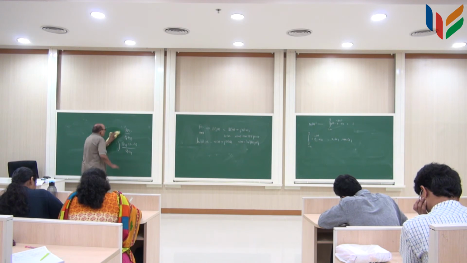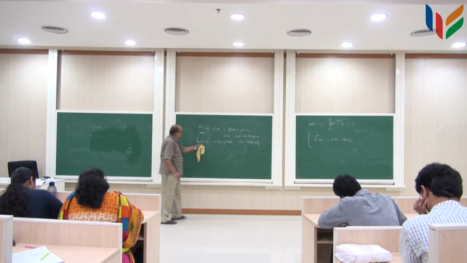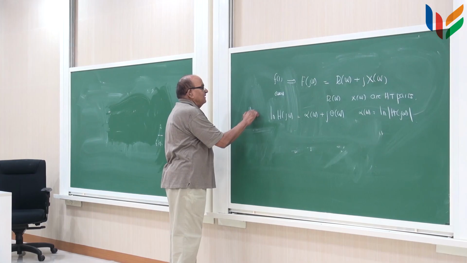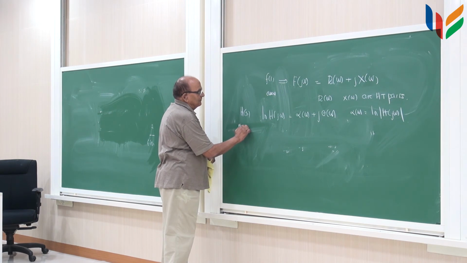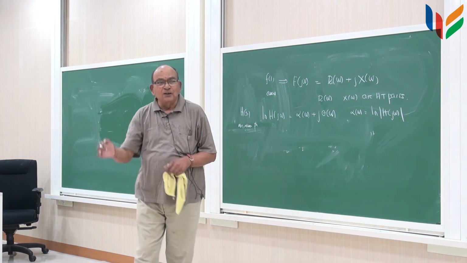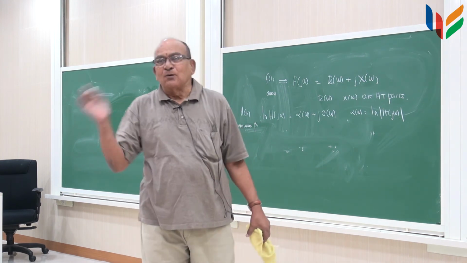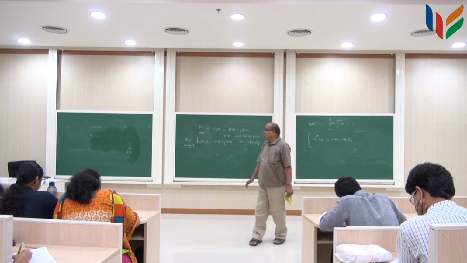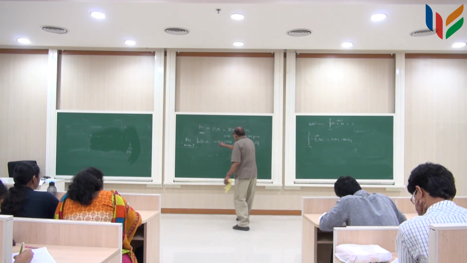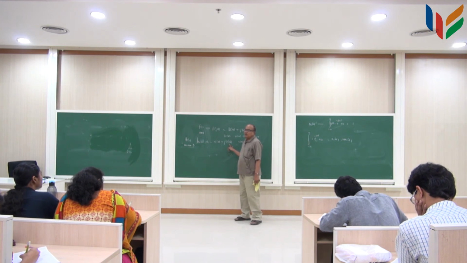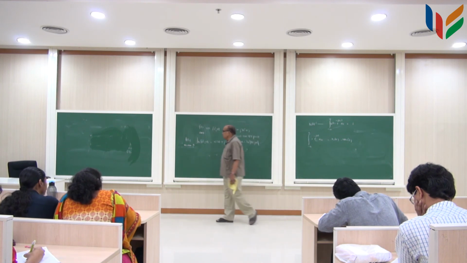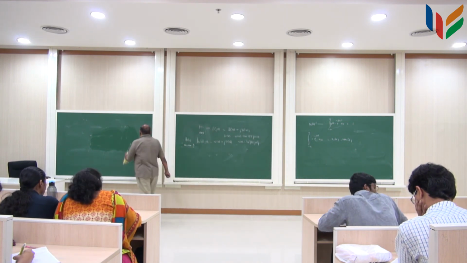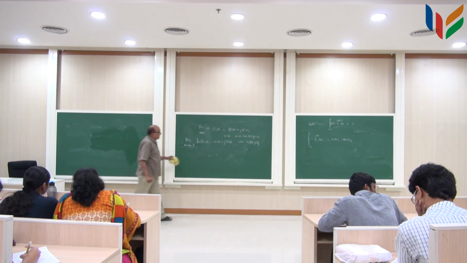So in this language, if H(s) happens to be a minimum phase function, which by definition has zeros in the left half plane and poles also in the left half plane, then alpha and theta of omega are also related by Hilbert transforms. This clearly tells you.